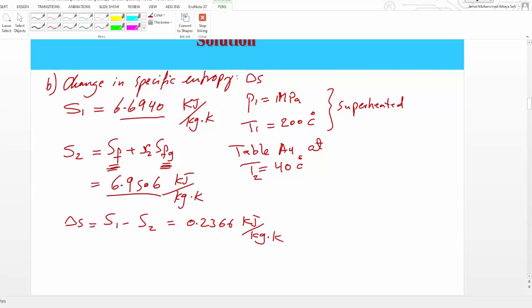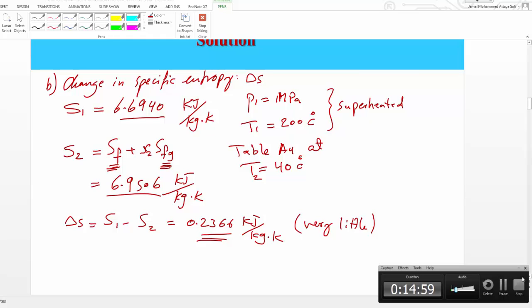And you can see it's actually very little. That's because, remember, most of the time we assume that there is no change in entropy when steam is expanding in the turbine, assuming it's reversible and adiabatic, and this is why it's very, very small here. So it's quite a straightforward problem, as I said.